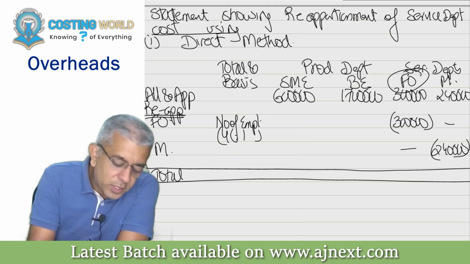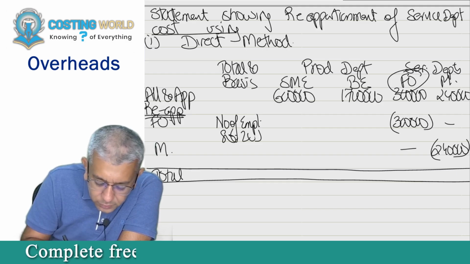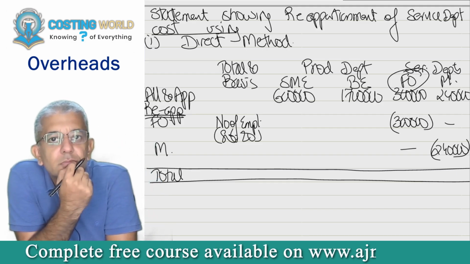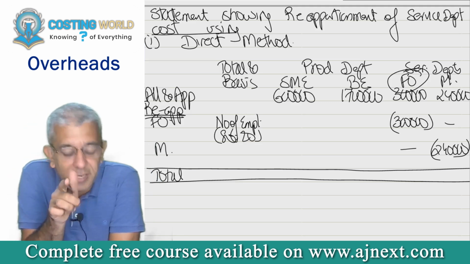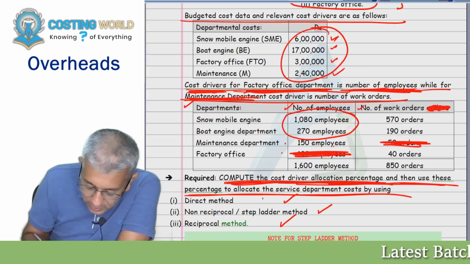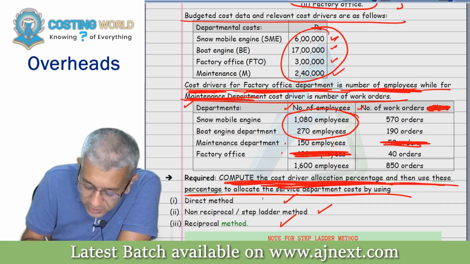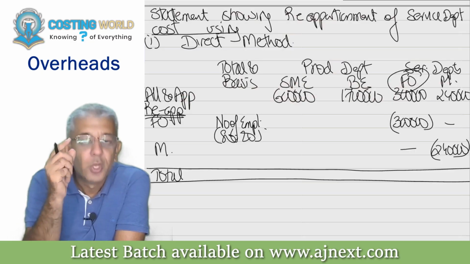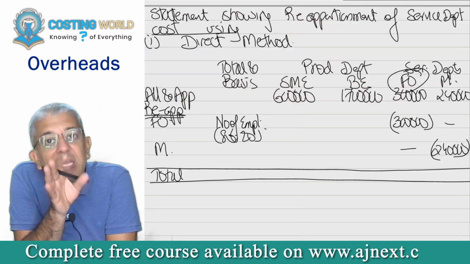Can we say 4 is to 1 in terms of hundreds will also be 80-20, no? Yes. 80-20 is 4 is to 1, no? They want this particular data first. They are saying compute cost driver allocation percentage. So instead of writing this data, you convert this ratio into a percentage first and then take that percentage.